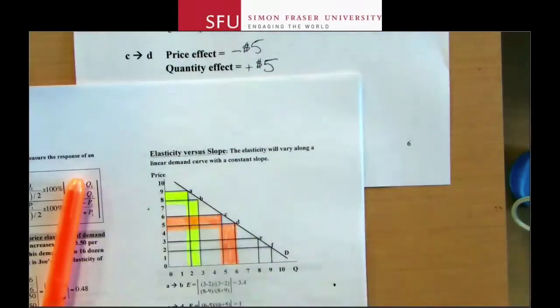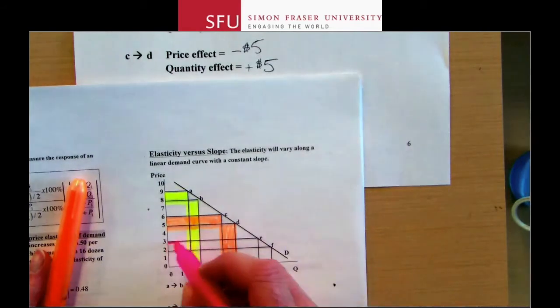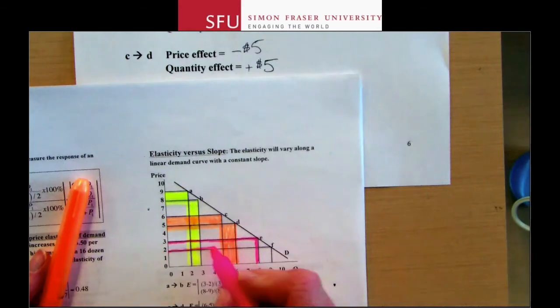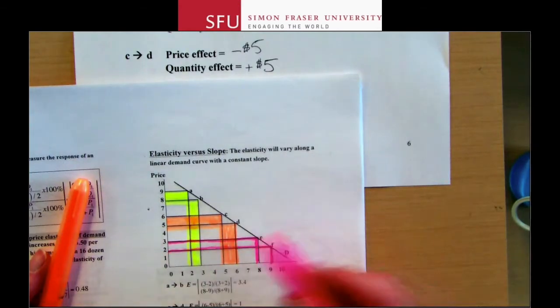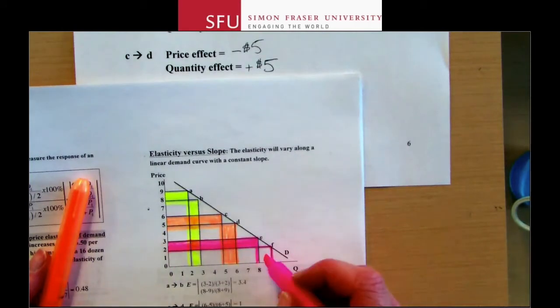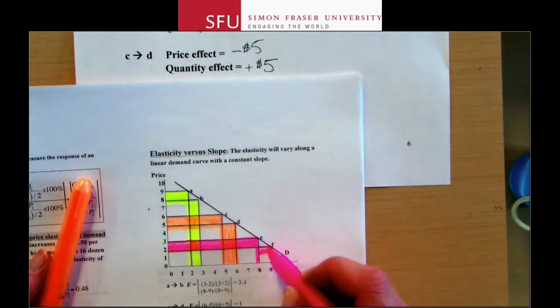All right, and then the last one, at E, revenue would be $3 times 8. And then at F, it would be $2 times 9. So they're going to lose $1 per unit on 8 units. They're going to lose $8. And then they sell an extra unit, but the extra unit that they sell, they're only getting paid $2 for it.